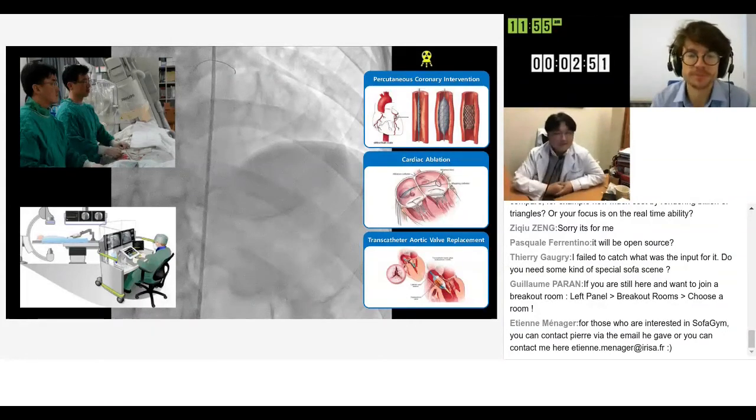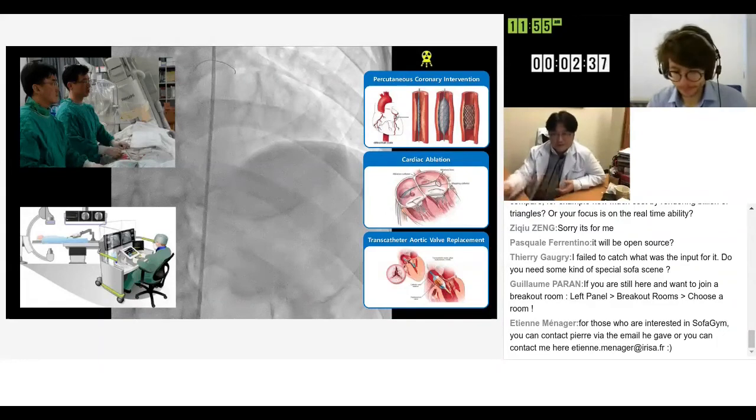Yes. As you may know, this is a general procedure of cardiologists when they are doing a vascular intervention procedure.